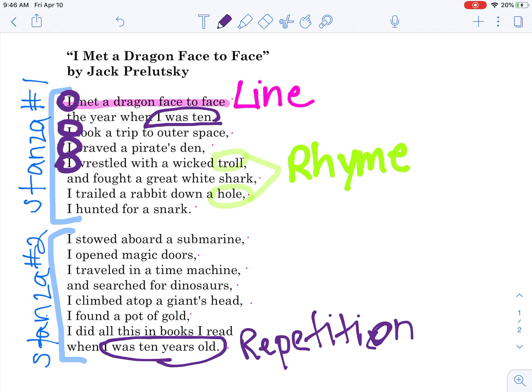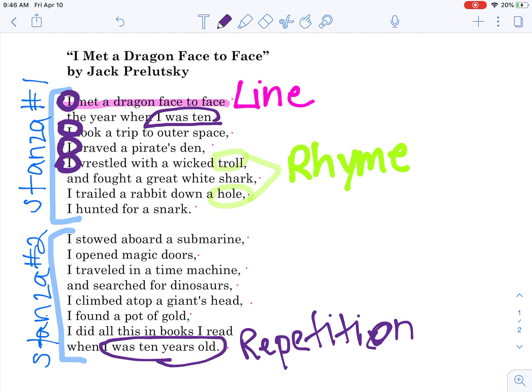Okay, so those are some examples of structural elements of poetry and how to look at the poem a little bit more closely and label it in doing so. So make sure that you are copying down these notes and these labels on your blank copy of this poem in Notability.